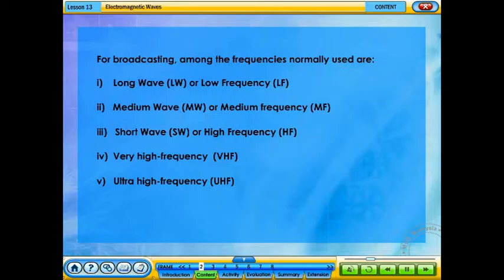Frequencies that are used for public service broadcasting are long wave, LW, medium wave, MW, short wave, SW, VHF, and ultra-high frequency, UHF.